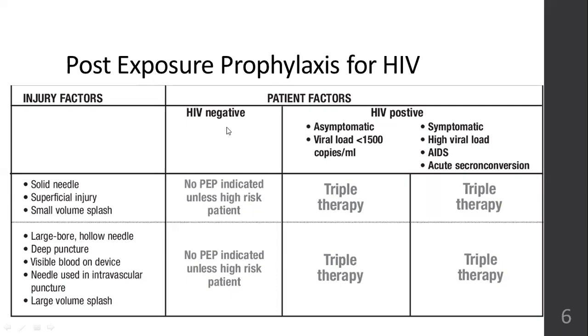Usually if your viral load is less than 1500 copies per ml in your blood, that means you are asymptomatic. If you have a high viral load, meaning too many copies of the HIV virus in your bloodstream, more than 1500 or more than 2500 copies per ml, you may already be suffering from AIDS because it is symptomatic, so you will continue the triple therapy, the combination of three antiretroviral drugs.